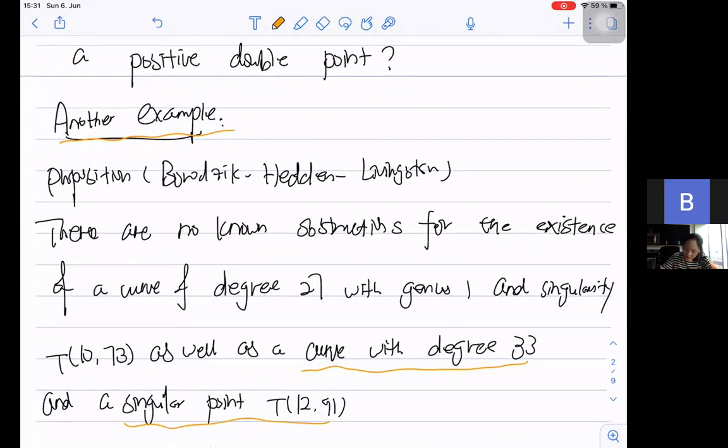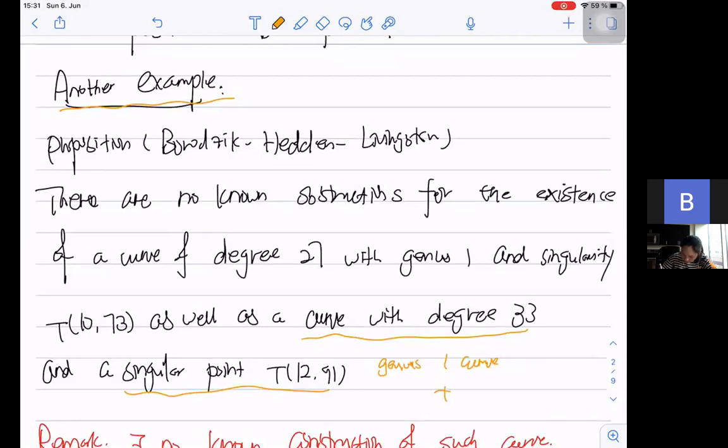So we don't know whether such a genus 1 curve with singularity T(10,73) or T(12,91) exists or not, because I think their obstruction also passes through, so they cannot decide. It's not enough to say whether the curve exists or not.